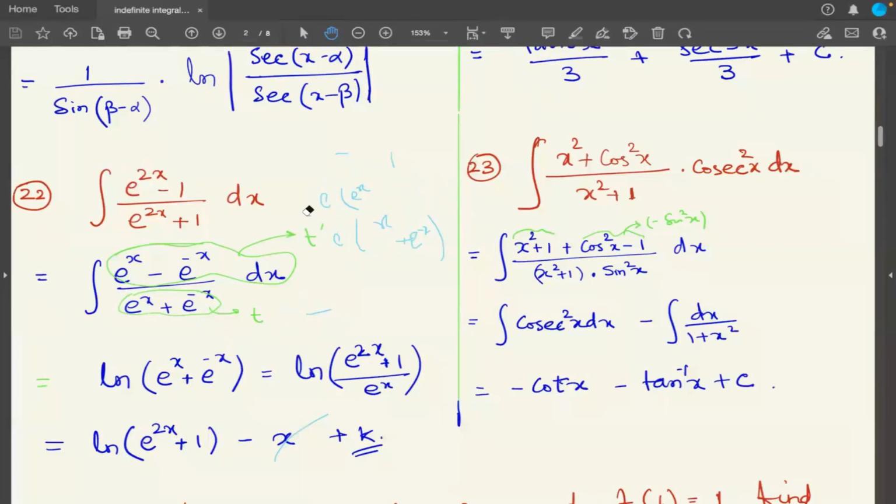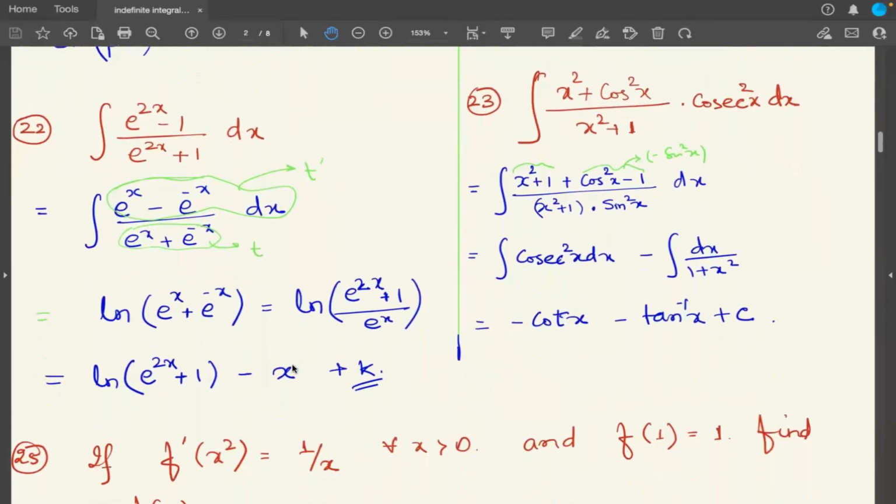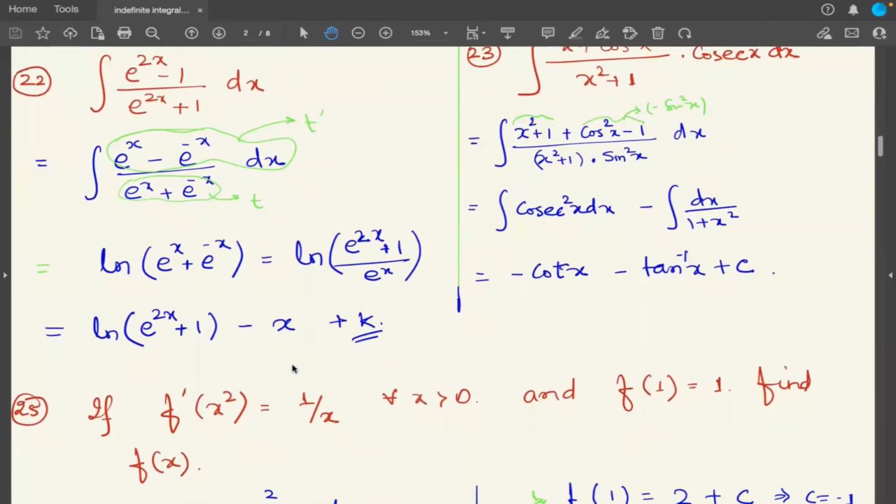This is question 24. Some problems may not be written directly, but may be written in words, so try to solve some word problems of definite integrals. Read the question first. It is given that f dash of x square is equal to 1 by x, for all x greater than 0, and f of 1 is equal to 1, so we have to find f of x.